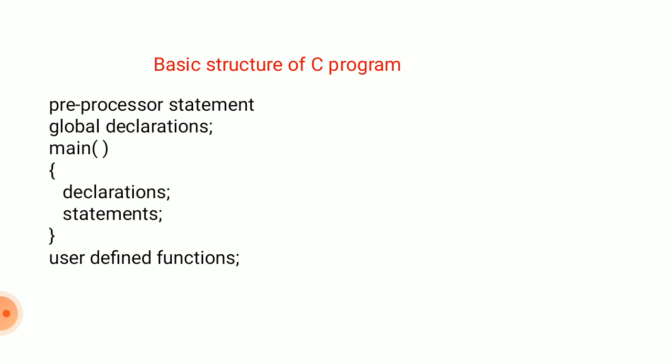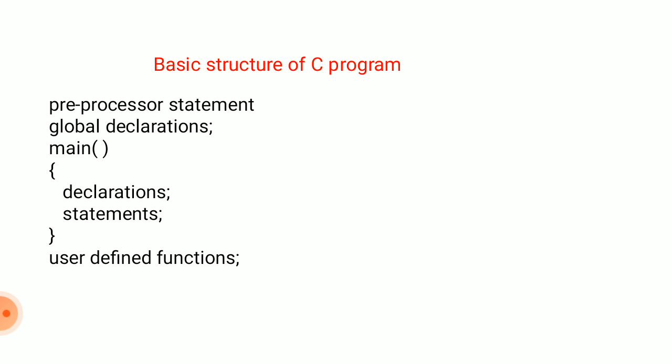Next, the global declarations must be defined before the main function. Whatever variables you declare globally can be accessed within the main function and after the main function also, meaning within or outside the main function. Those are global variable declarations.